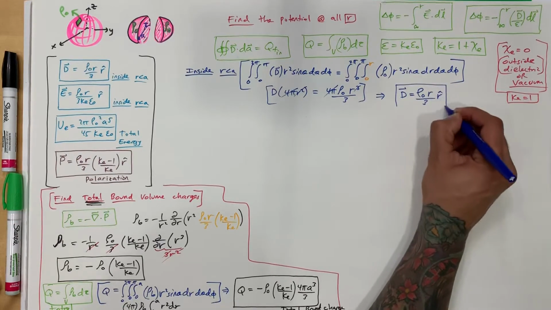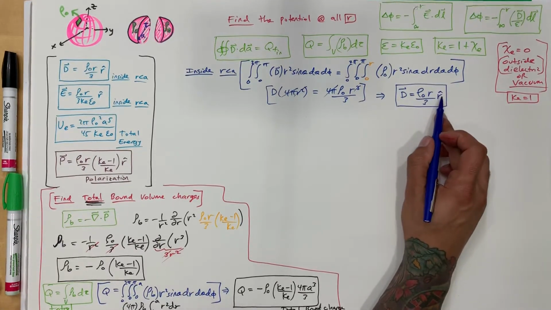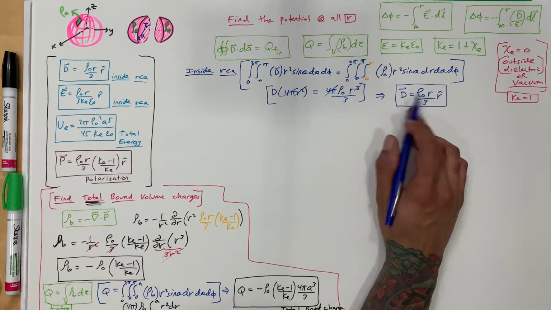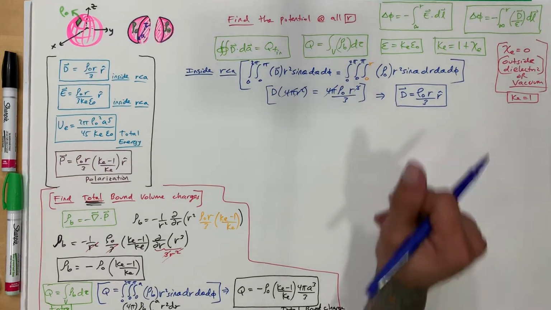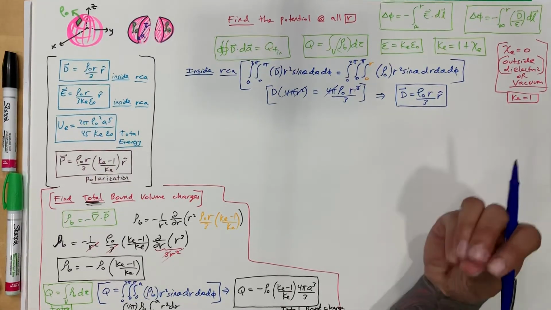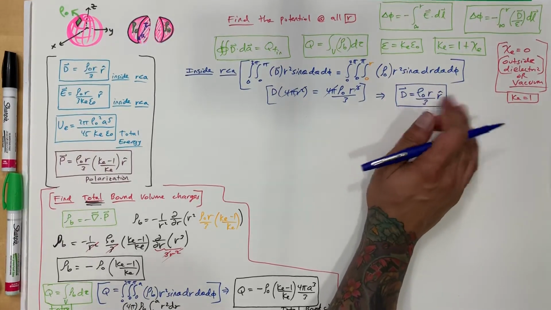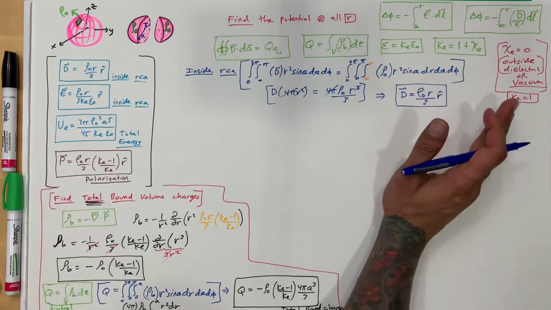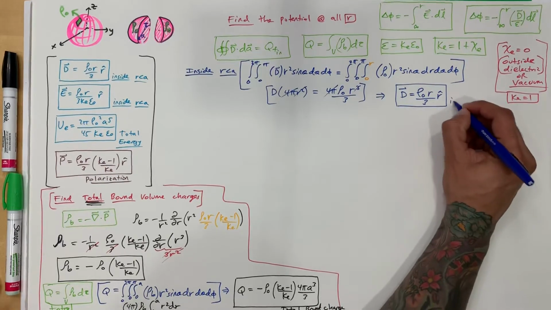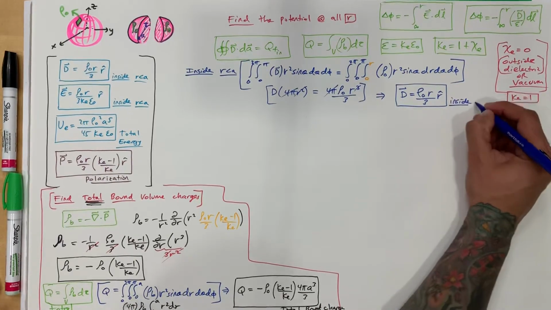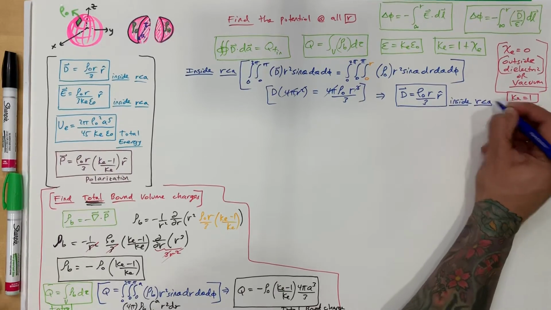Okay, so we're in a sphere, so we're always going to be in the radial direction, or the linear isotropic homogeneous dielectric allows us to just look at the radial direction. And we're going to say this is inside, where r is less than a.